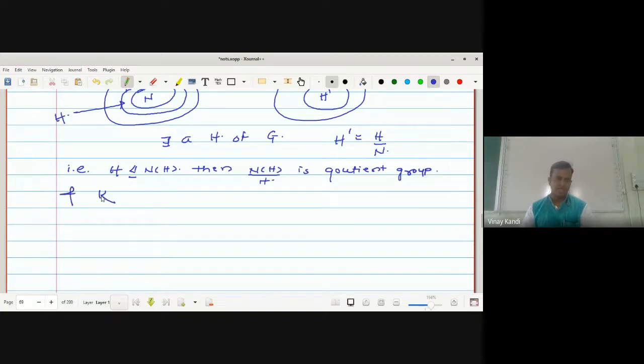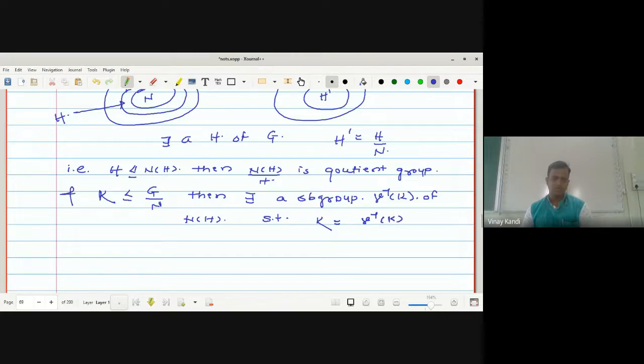And we have K, which is what? A subgroup of G by N. Then there exists a subgroup. What is H? That is sigma inverse of K, inside N of H, such that this K coincides with sigma inverse of K upon H. Do you understand? The theorem has been applied here.